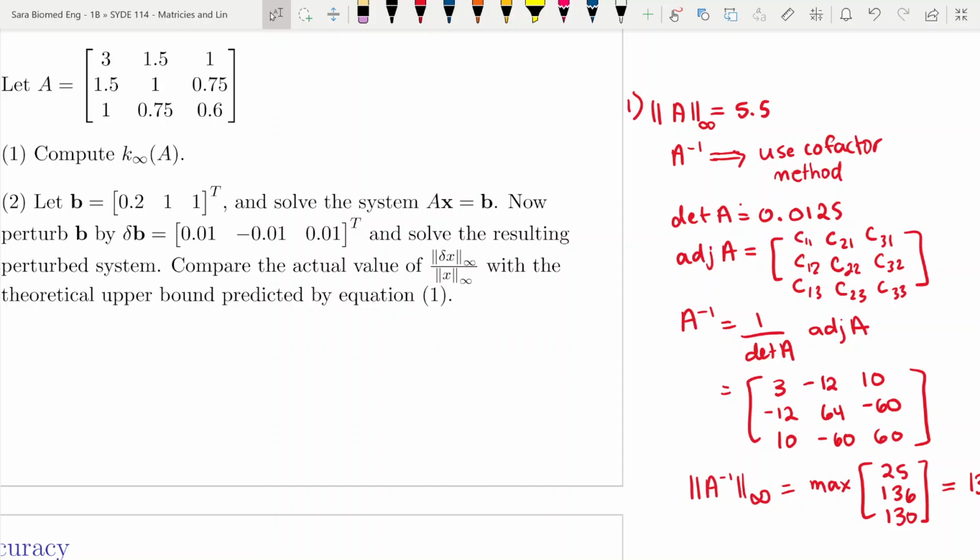And the norm of A inverse should be norm of A inverse, same thing, inf norm. Okay, so norm of A is 5.5, and norm of A inverse is 136. Okay, cool.